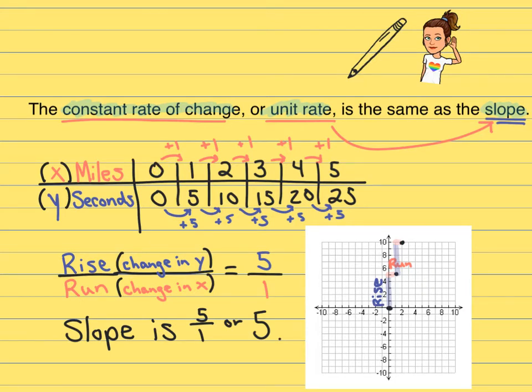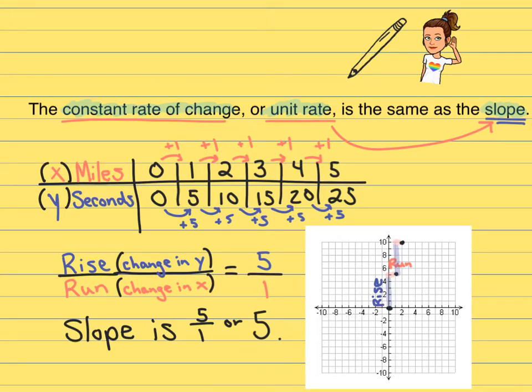The constant rate of change for x is always 1. So we write 1 in our ratio. When we write it as slope, we say slope is 5 over 1, or simplify 5 divided by 1 equals 5. So the slope is 5.